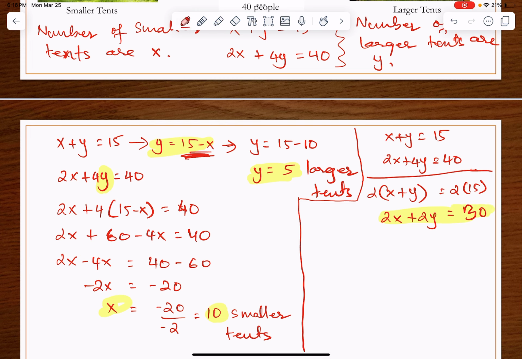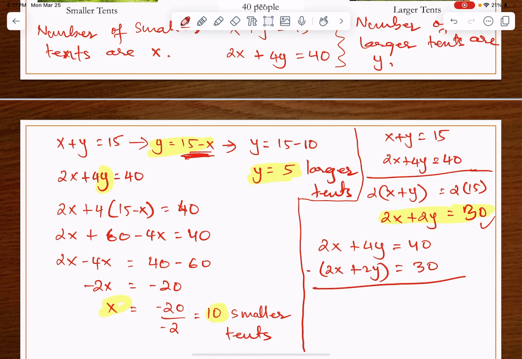Now let's take the second equation and subtract the new equation that we got from the first equation. So our second equation was 2x plus 4y equals 40, minus 2x plus 2y equals 30. Now 2x minus 2x is 0, plus 4y minus 2y is 2y, equals 40 minus 30, which is 10. Now divide both sides by 2, you get 5.